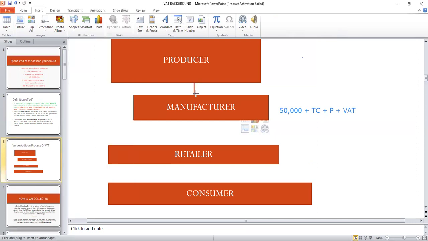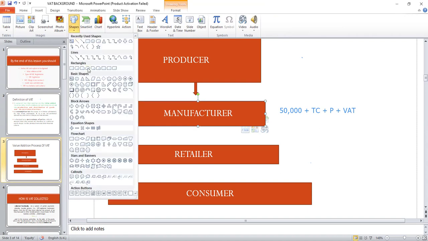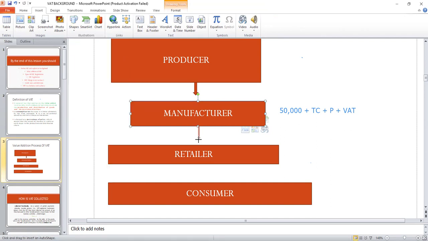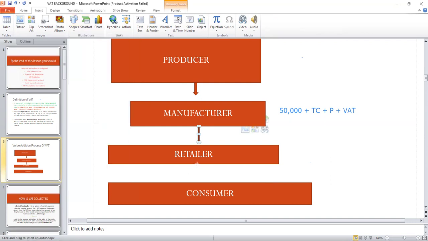So this is the producer selling goods to the manufacturer, and the manufacturer is also selling to the retailer. And then the retailer will also sell to the consumer.